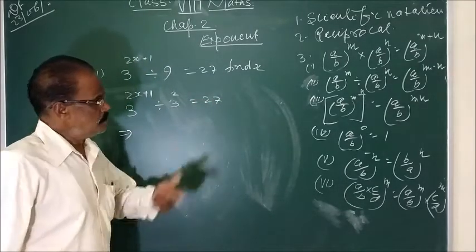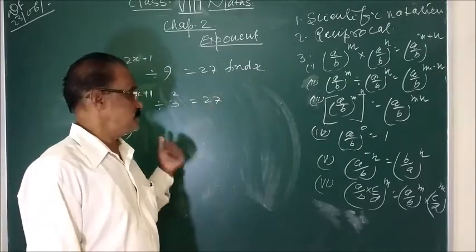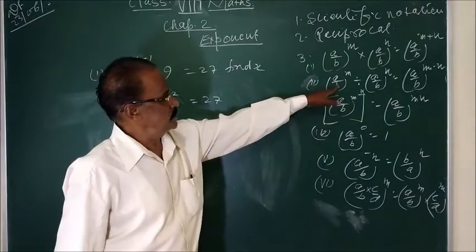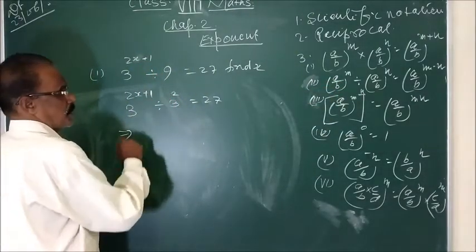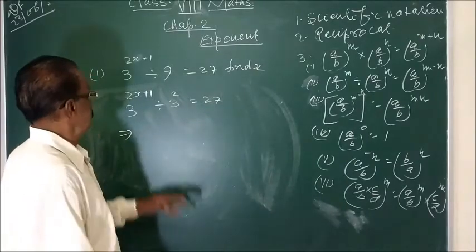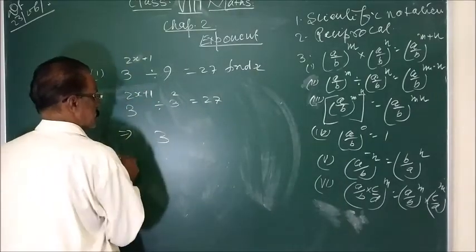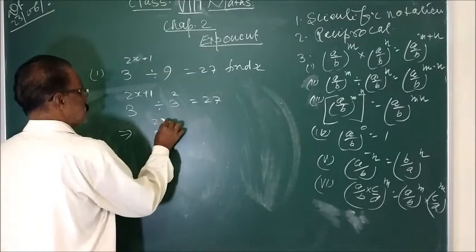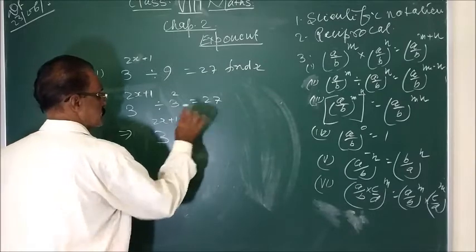Now, can you tell me which formula you will use to solve the left side of this? Very simple, this formula will be used here because the base is 3 and the powers m and n are 2x plus 1 and 2. So this will be 3 to the power 2x plus 1 minus 2.